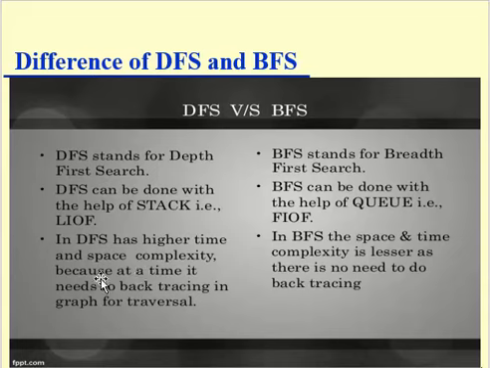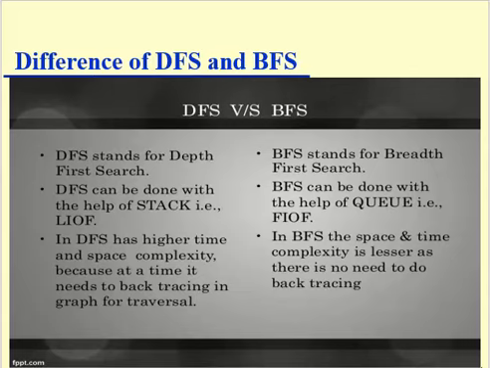But in DFS the time complexity will be more because we need to go back. So backtracking is there. Otherwise, you can say the complexity of DFS is actually similar to BFS. This is also big O of V plus E, because we are not using a queue, we are using a stack.